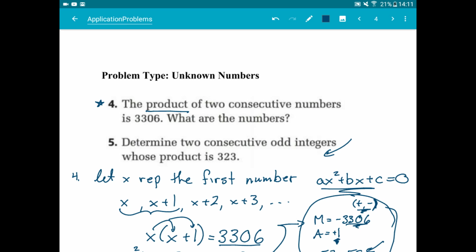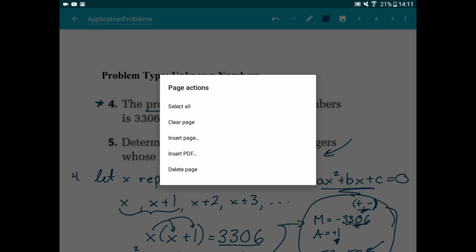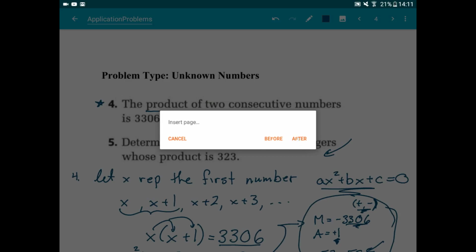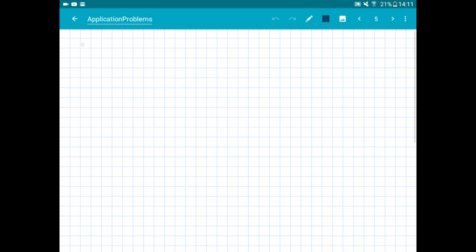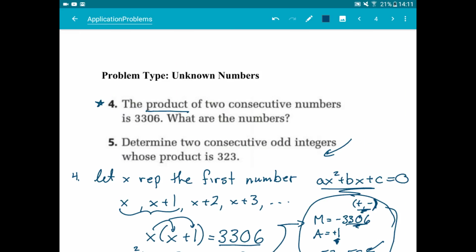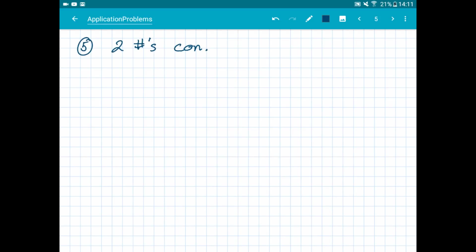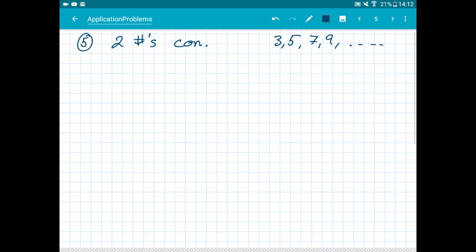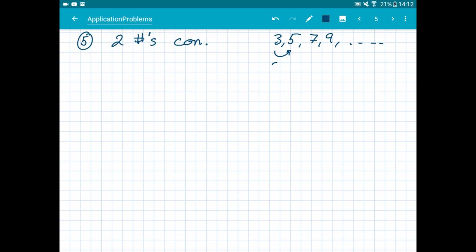Okay, let's try number 5 as well. In number 5, we're looking for two numbers that are consecutive and have a product of 323. But it's not just consecutive numbers, it's consecutive odd integers. If 3 is an odd integer, then 5, 7, 9, and so on, notice that they're 2 apart.